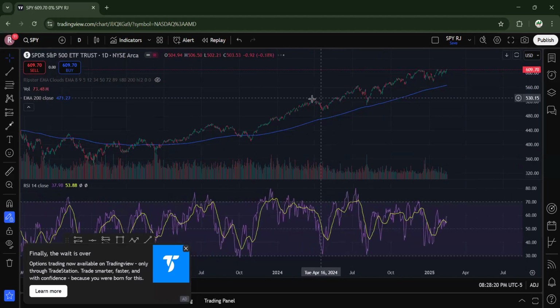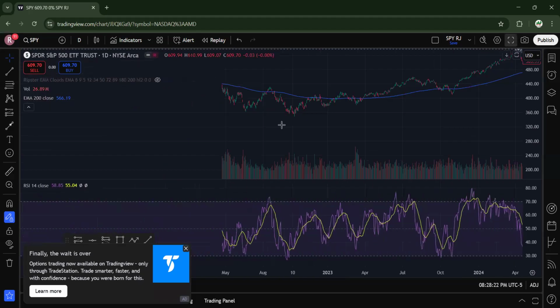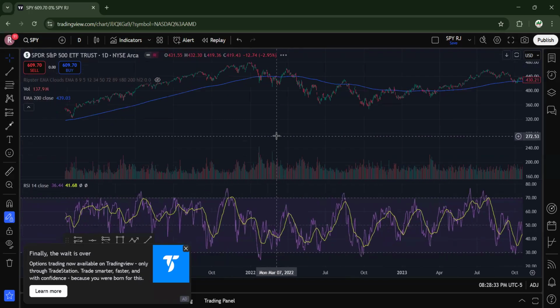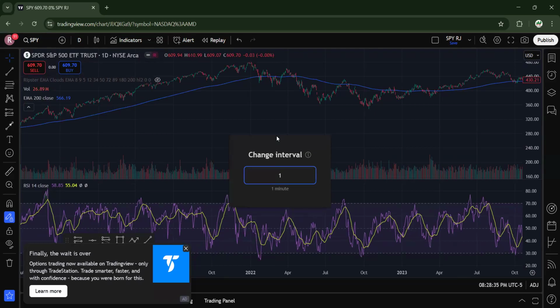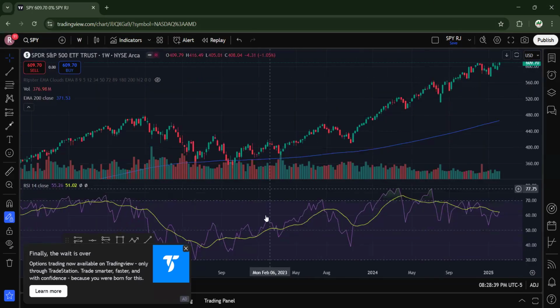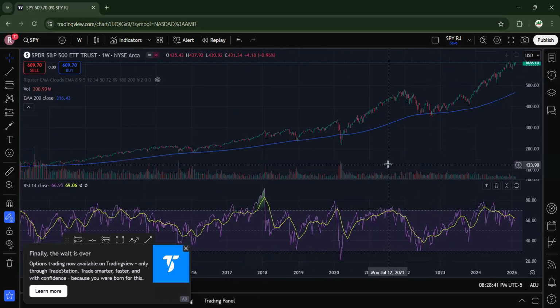Let's see if there's one on SPY. Probably not. You don't have a lot of examples. The market's been so bullish lately. The only one that I can think of off the top of my head is when the market fell for COVID. You had bearish divergence there.